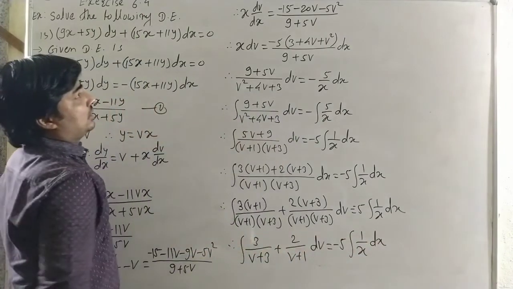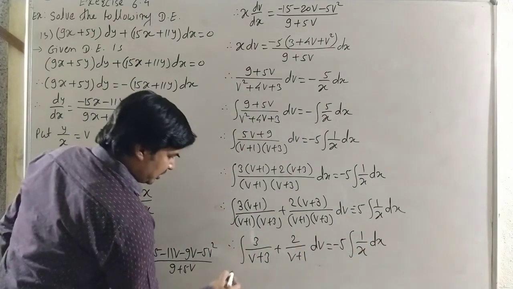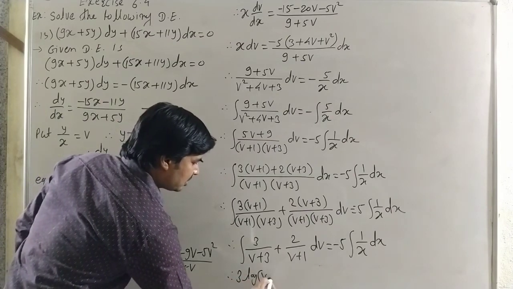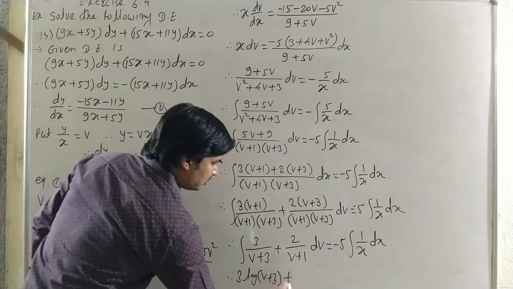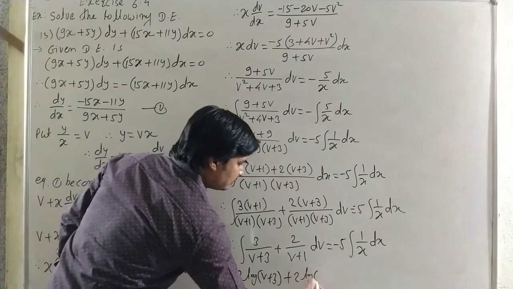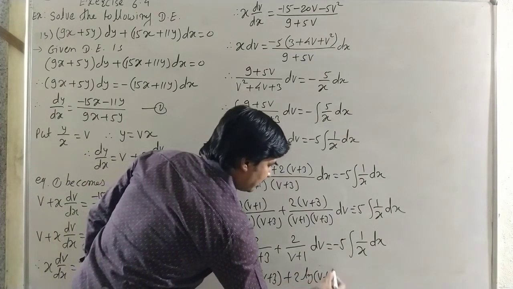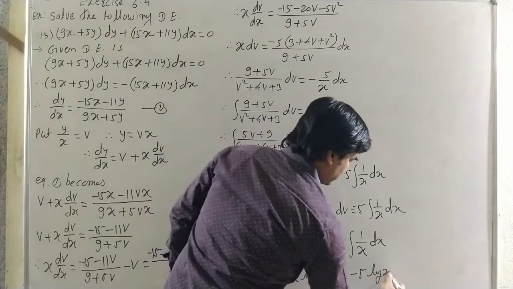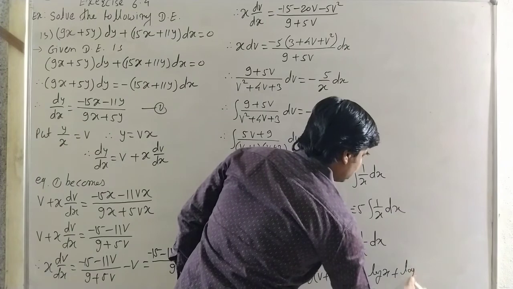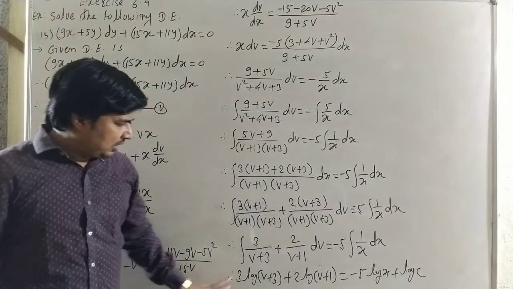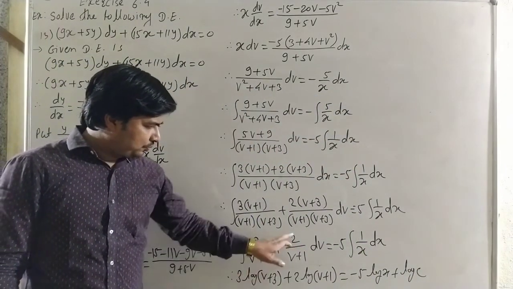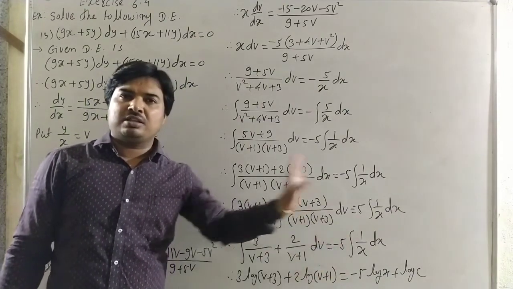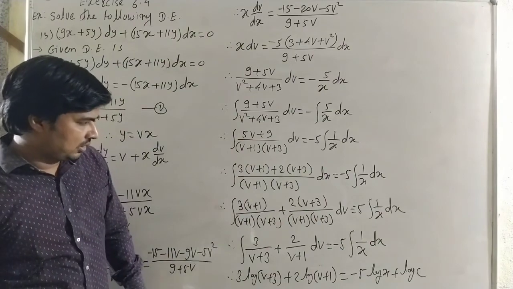Now the integral of this is 3 into log of φ + 3 plus 2 into log of φ + 1 is equal to minus 5 into log of x plus constant, which is log c. The last integral constant is also in the log.